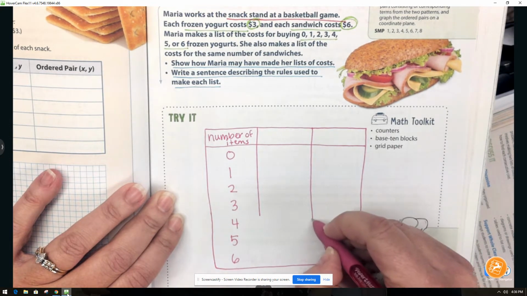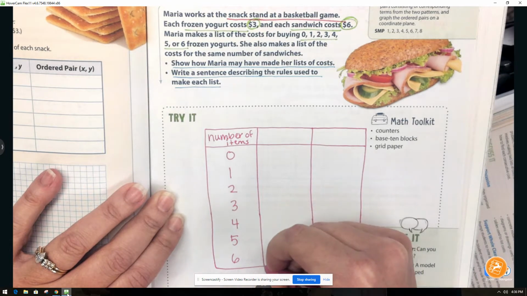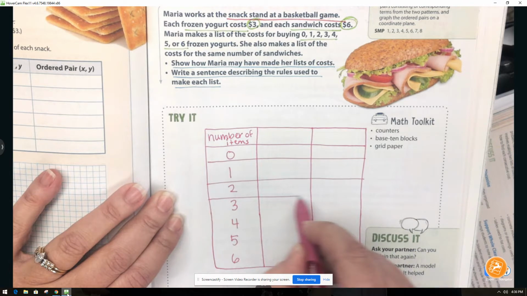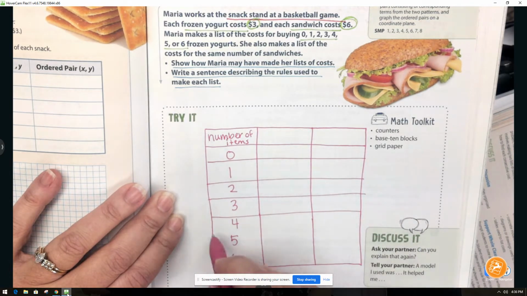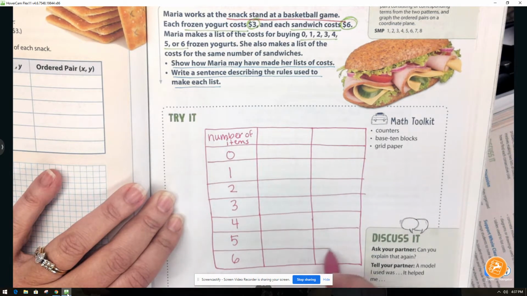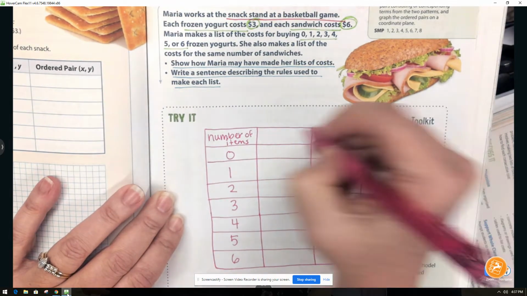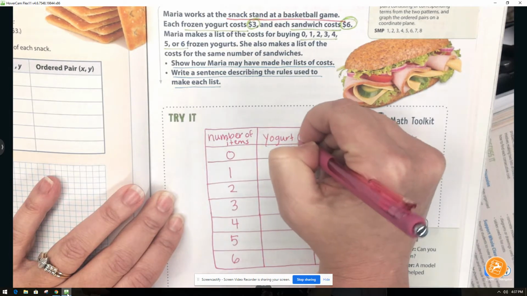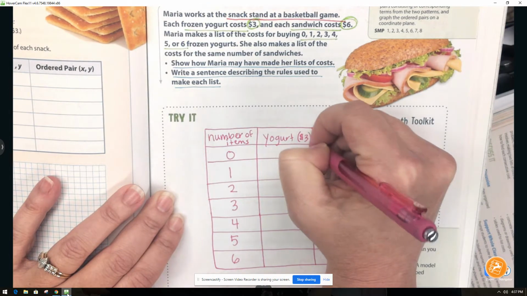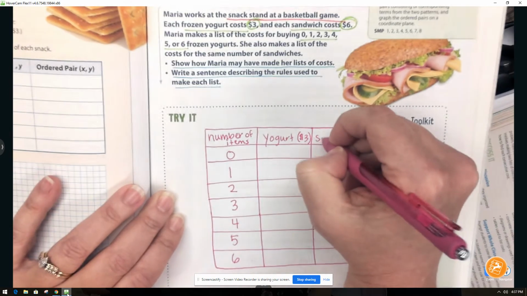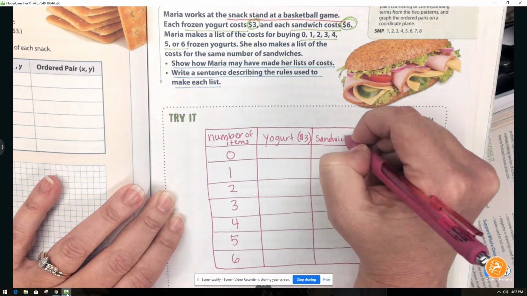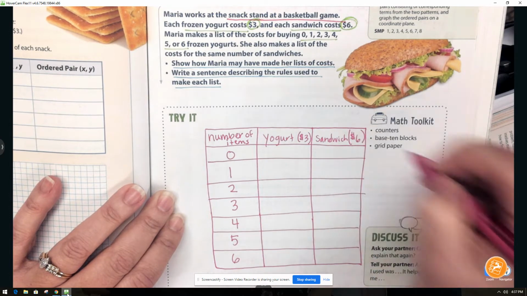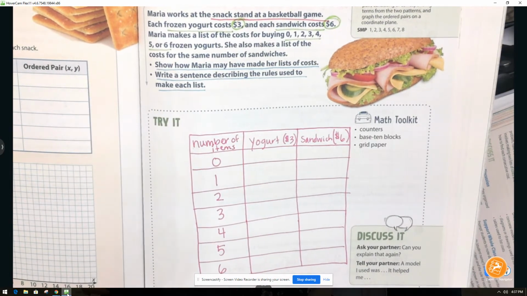I wasn't sure what exactly I would need. So this is talking about how many of each of the items that we have. Then I have yogurt, which costs $3. And then I have a sandwich, which costs $6.